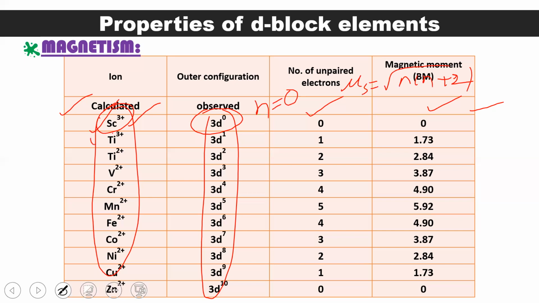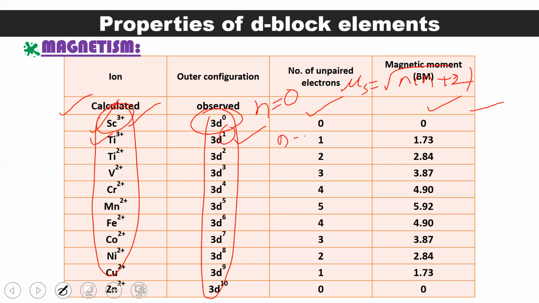Then coming to titanium. If you see titanium in the +3 stage, what is the outermost configuration? In the titanium +3 stage, 3d1 is the outermost configuration. 3d1 means only one electron is present in the d orbital.